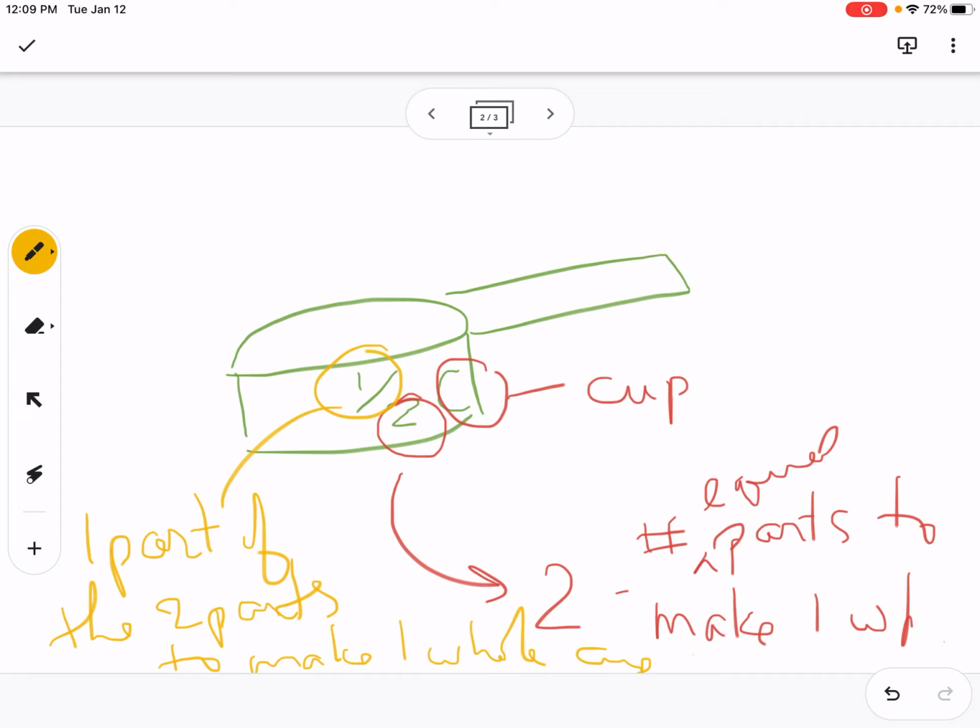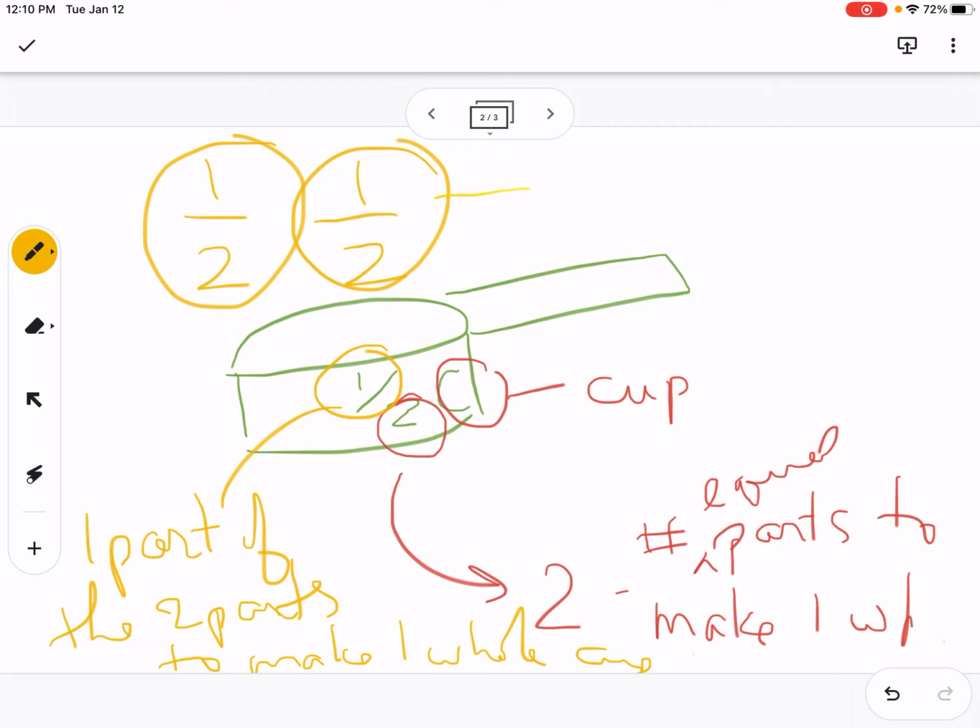So if I reach into the bag of flour and scoop 1 of those out, then I've got 1/2 of a cup. If I reach in and pull another scoop out, then I've got another 1/2 of a cup. And we know that when we take 1/2 and put it together with another 1/2, we end up with 1 whole. If I do 2 of those scoops, I have 1 whole cup.